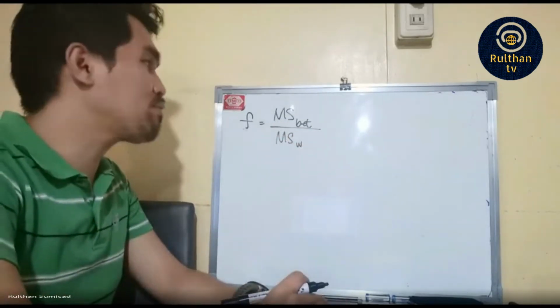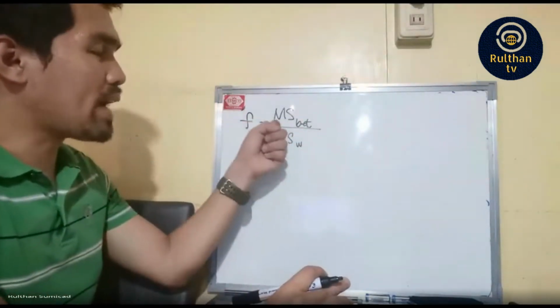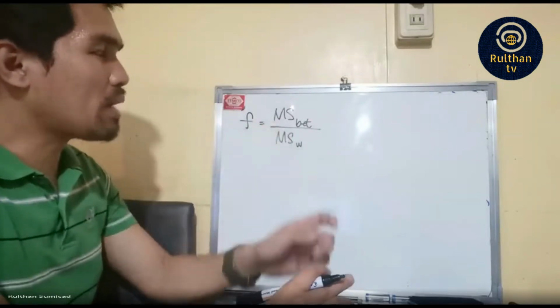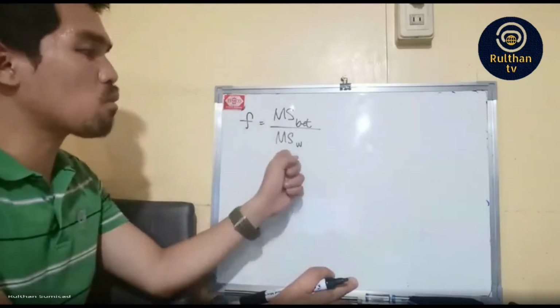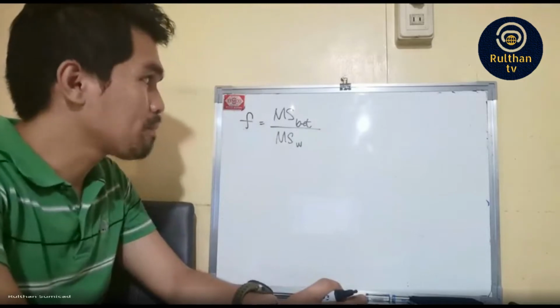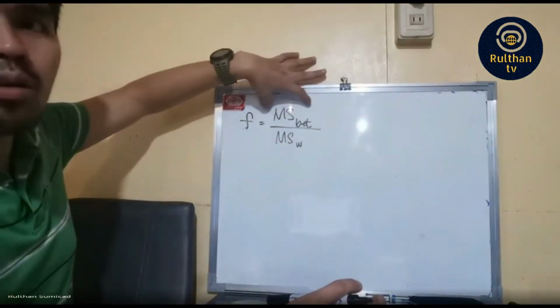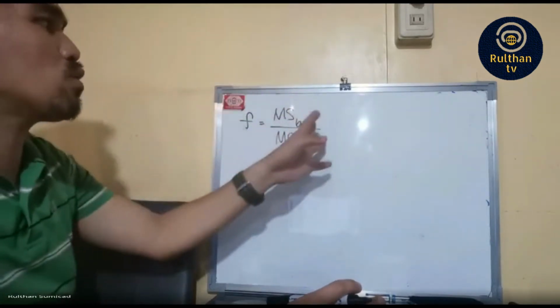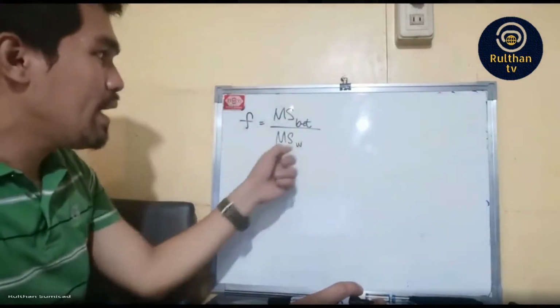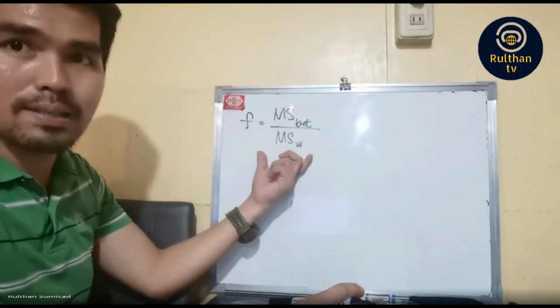Okay, this is our formula. This is mean squared between groups and the mean squared within groups. But for the mean squared between groups, there is also a specific formula on how we solve this one, and at the same time also for this.